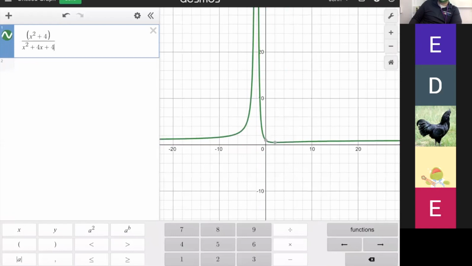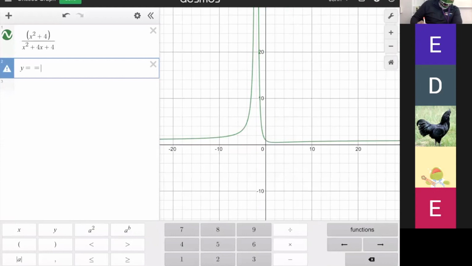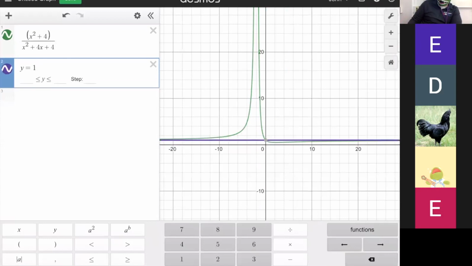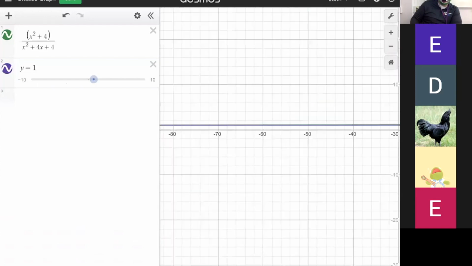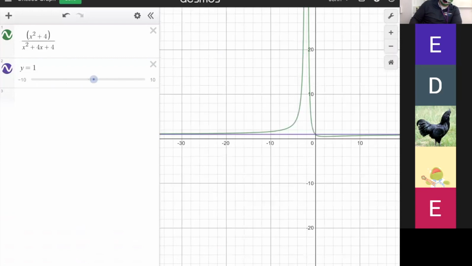And so we said that the horizontal asymptote was at y equals 1 because of the coefficients of the numerator and denominator. So let's see what y equals 1 looks like. We see that purple line, your graph, it does cross it, right? And we said that that could happen. It crosses it, but then for the rest of the time, it's hovering along that line. You can go back and forth and see, oh yeah, y equals 1.